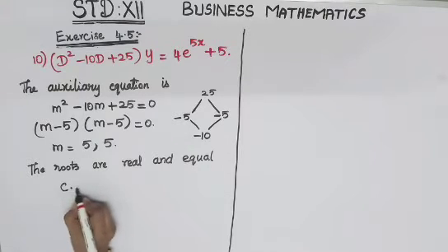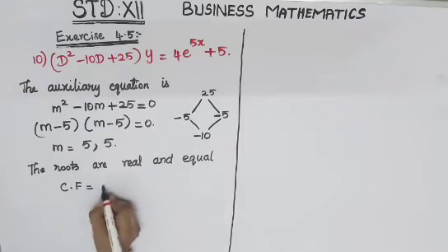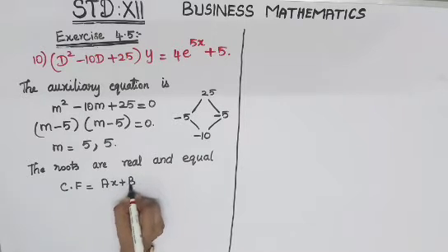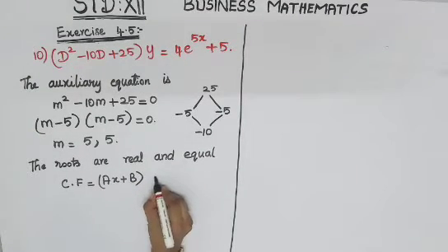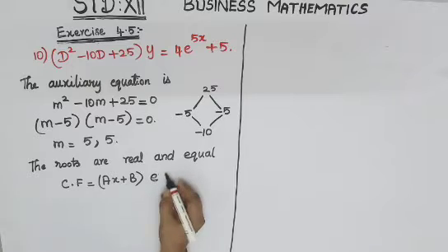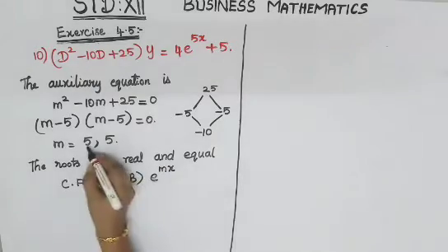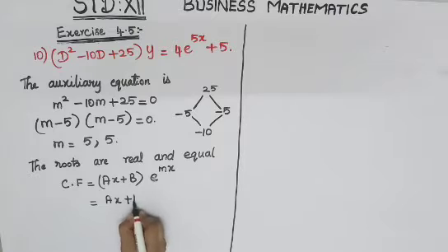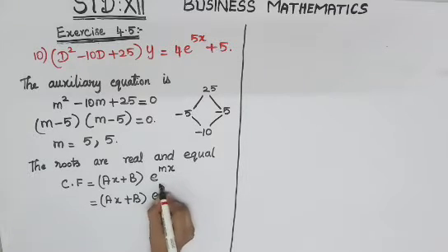Therefore your CF formula is (ax plus b) into e power mx. So in the place of m we can write 5. Okay, so the answer is (ax plus b) into e power 5x. So this is your CF.